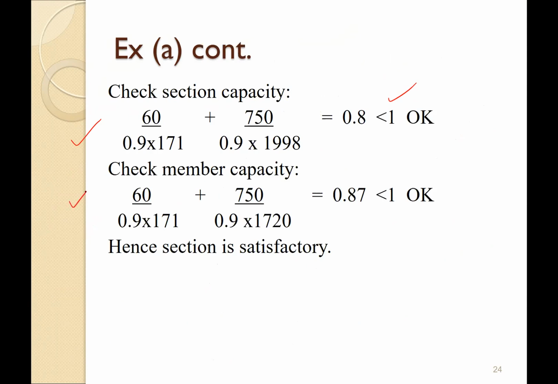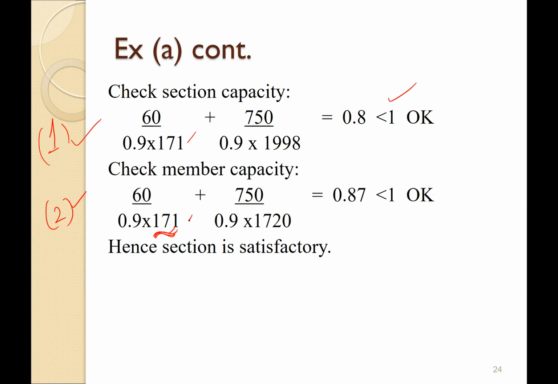When you are checking the member capacity, what are the changes if you compare, say, equation 1 and equation 2? This one now becomes the member capacity in bending. But in this case, section and member capacity are the same, because there is no out-of-plane buckling possibility.